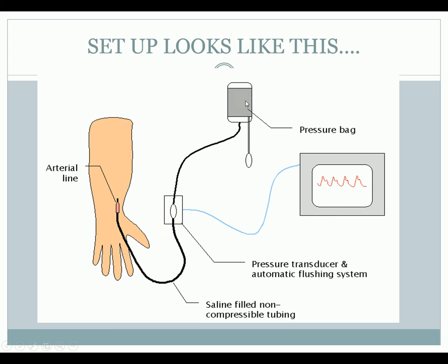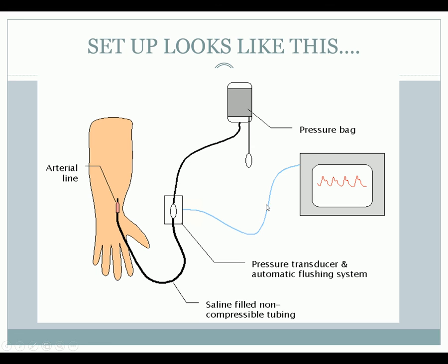Okay, so you'll have a pressure bag. You'll pump this pressure bag up right here up to 300. A little thing will drop down here that shows 300 millimeters of mercury pressure. The pressure bag will go through the transducer. The transducer, then you'll have your machine coming back through, going to the arterial line. The arterial line will go through the transducer.